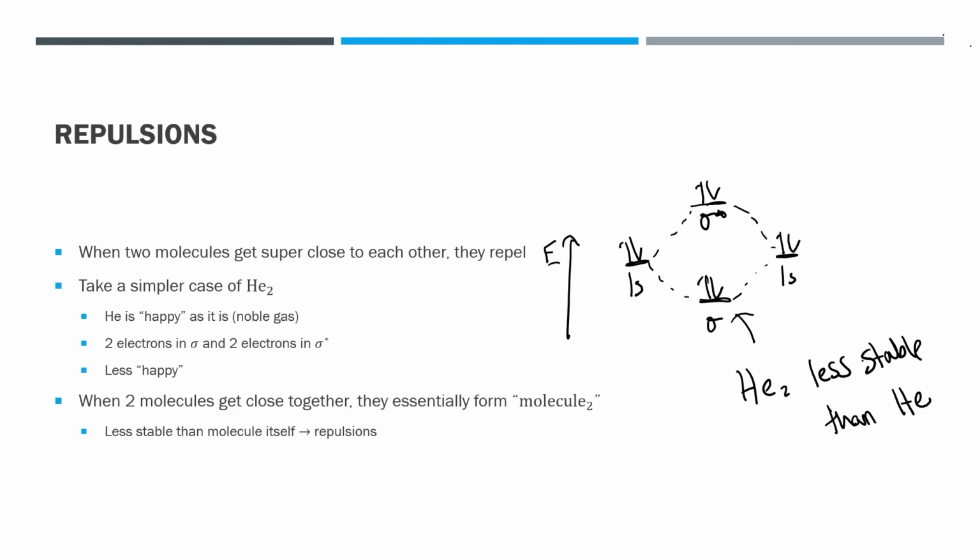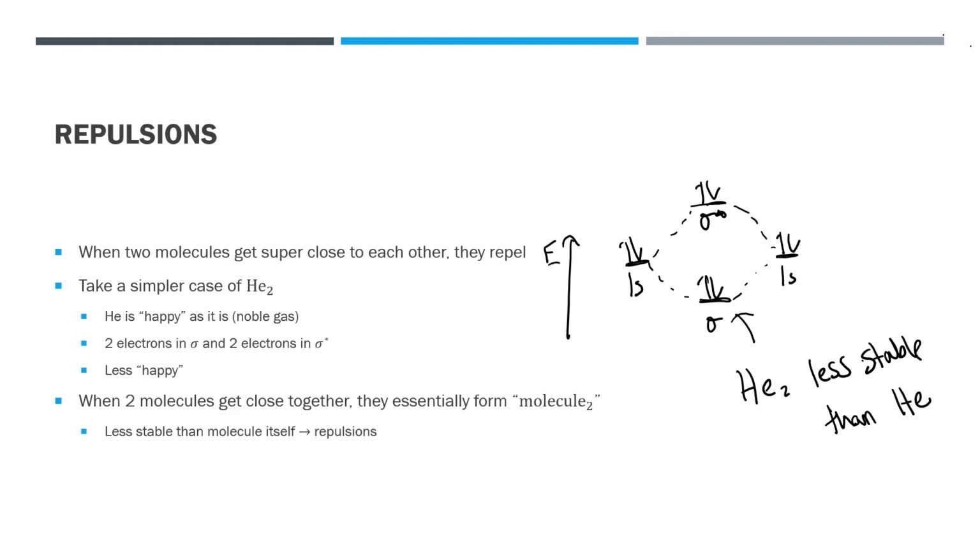And we can extend this idea to molecules, right? So essentially what I wanted to get from this example is that when two happy atoms like helium come together and form a quote unquote bond, it actually raises the energy based on molecular orbital theory. And that's how repulsions come about, right?